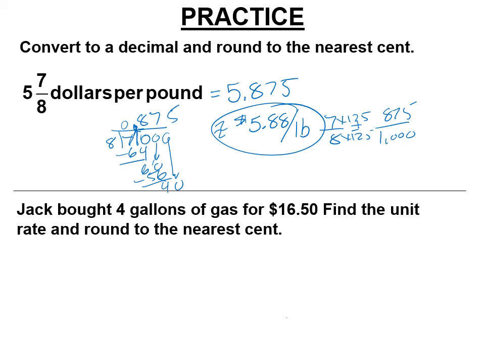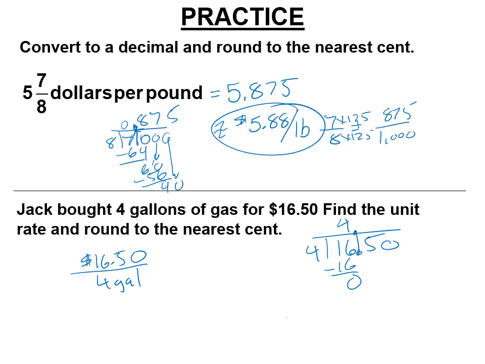Jack bought 4 gallons of gas for $16.50. Dollars per gallon. All right, so that's the math we're doing. 16.50 divided by 4. 4 goes into 16 4 times. Remainder 0. Decimal straight up. 5 straight down. 4 into 5 goes once. Remainder 1.